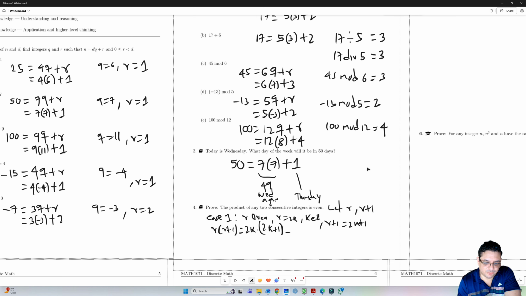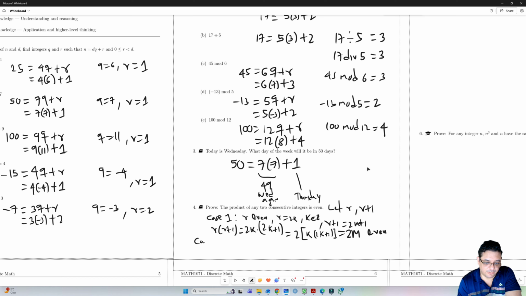But this is just twice this. So because it's twice that, it's just going to be 2 times some integer m. And so this means that it's even. And so for the case where it's even, I have that.